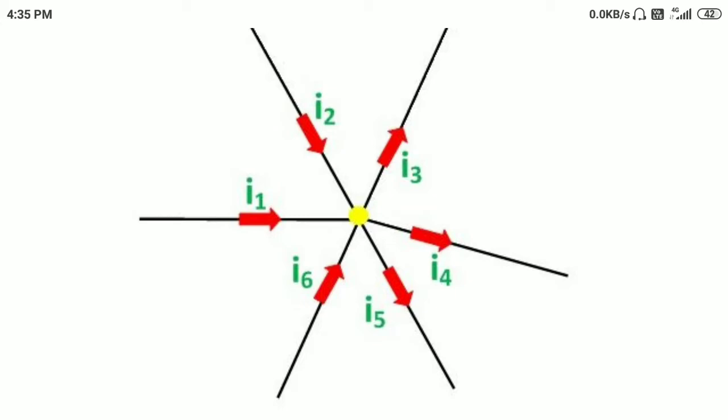The algebraic sum of these currents, I1, I2, I3, I4, I5, I6, is 0 at a particular node.